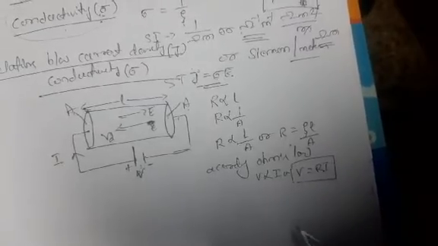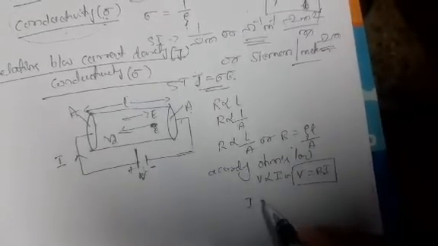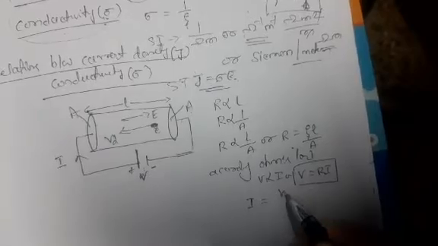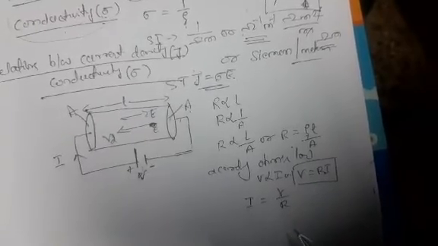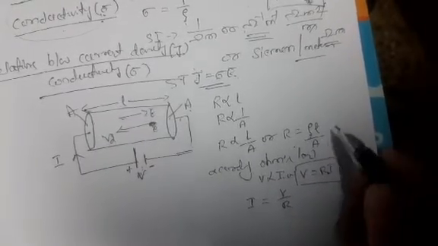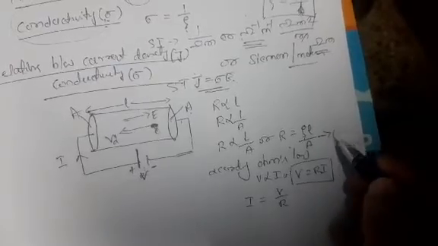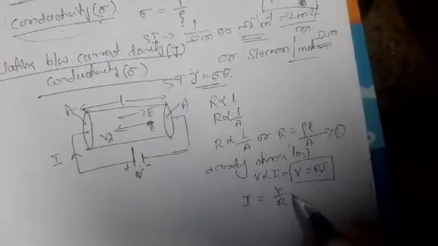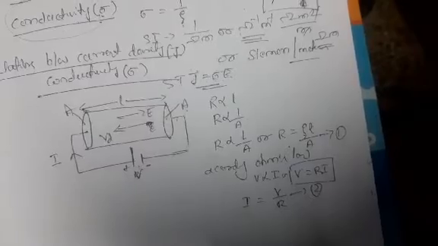Find the value of current. The current is equal to V by R. The previous equation for resistance is equation number 1, and this is equation number 2.